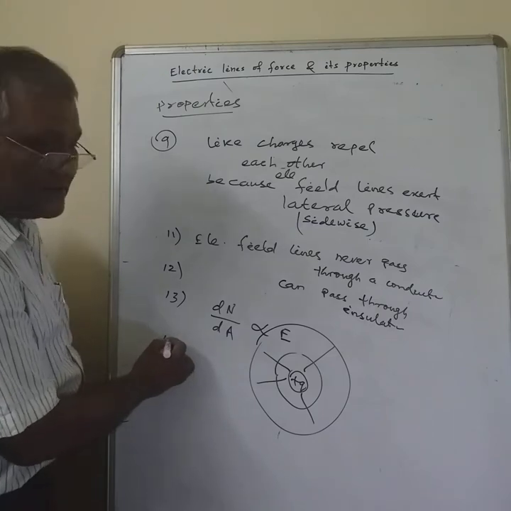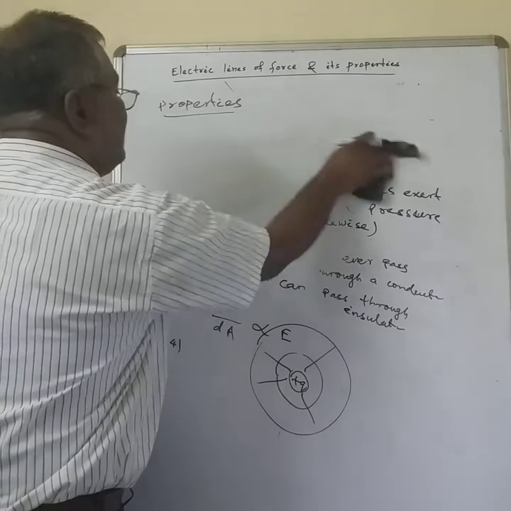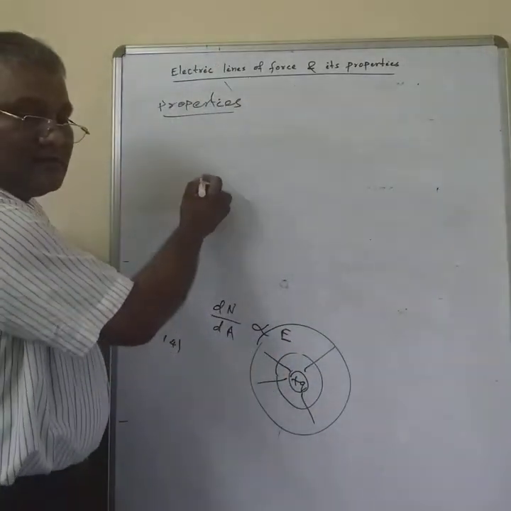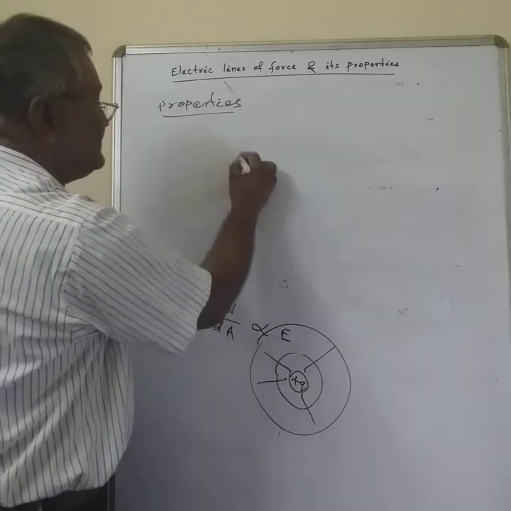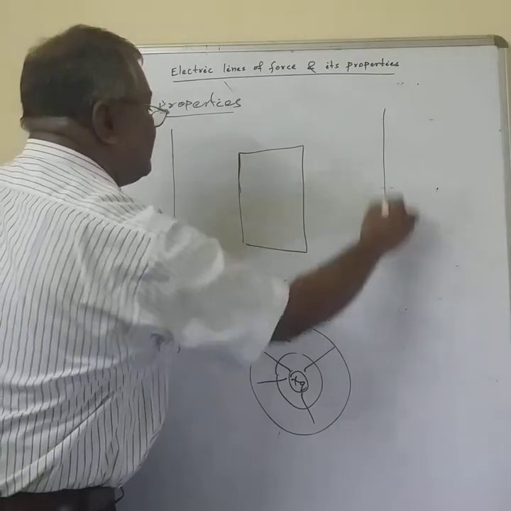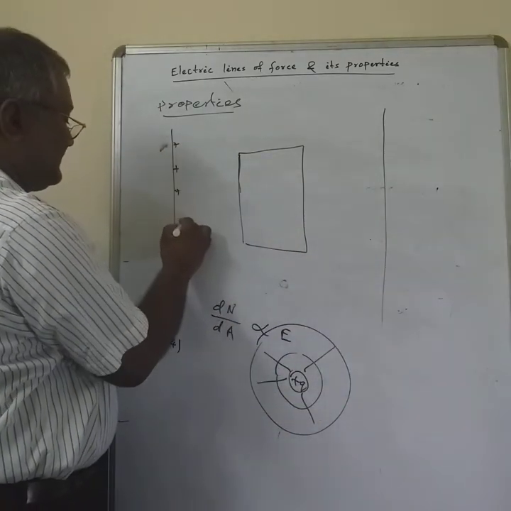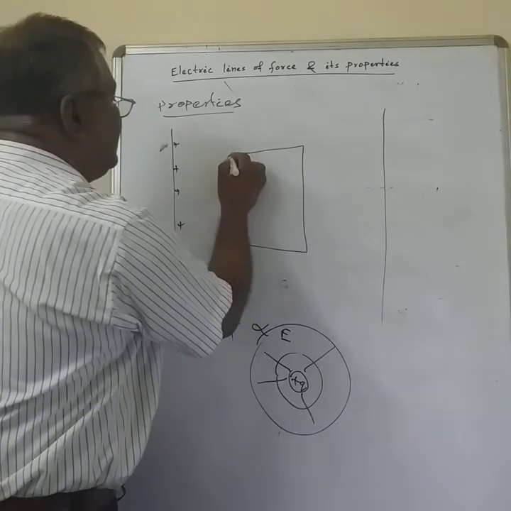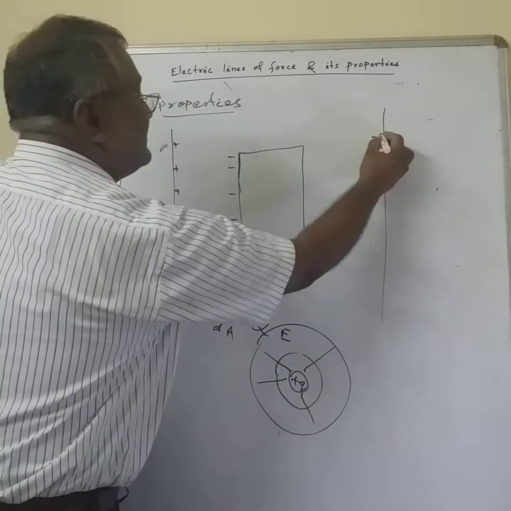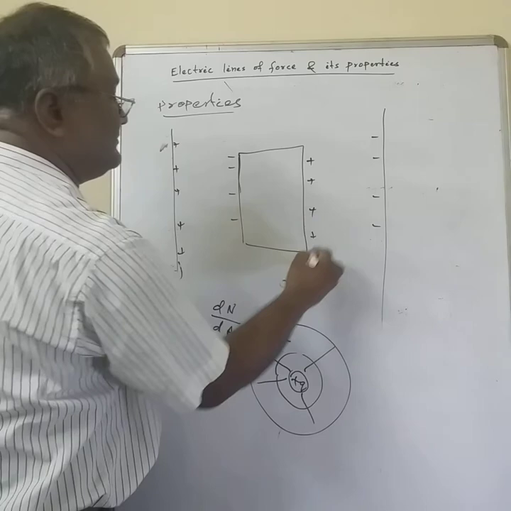And then, last but not least, how to draw the electric field lines in a solid hollow conductor. Like this, suppose this is a conductor and here a plate is there, here a plate is there. This is the positive charge plate. Here by induction negative charge will be developed, and this one is negative, and here by induction it will be positive charge.